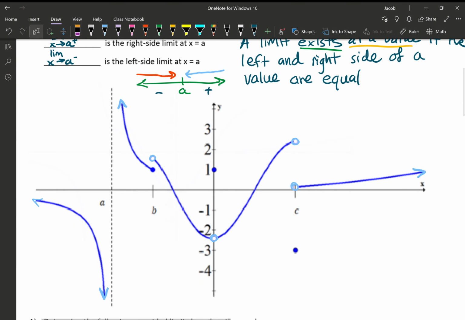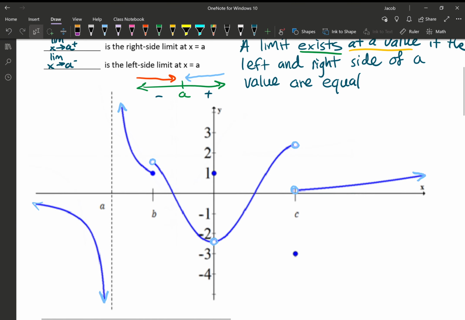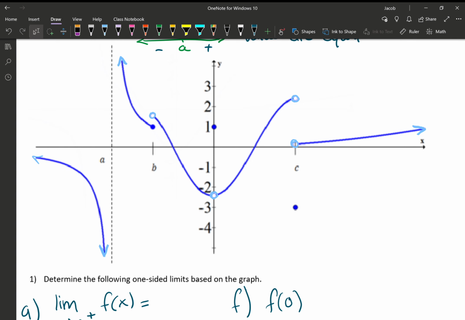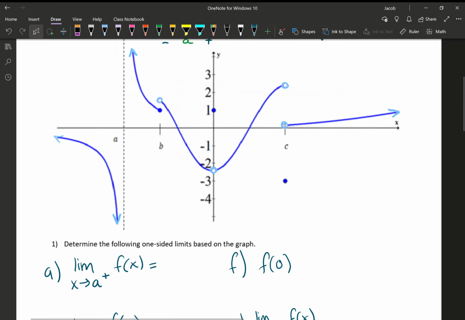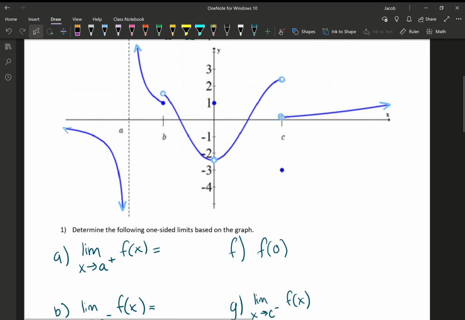For this example, we are determining the following one-sided limits based on this piecewise monstrosity. And for a, the limit as x approaches a, so the a on the graph here, the right side of a, what's happening on the right side of a?